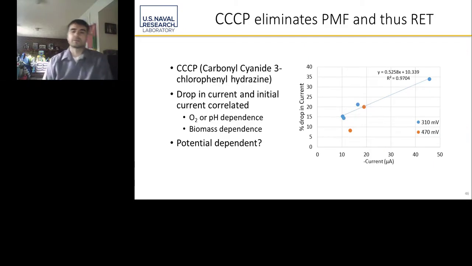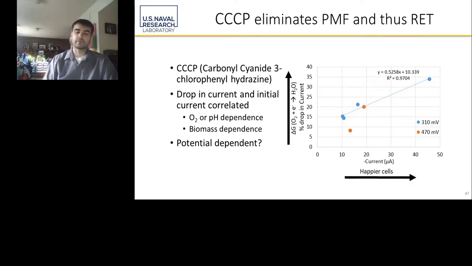What's particularly interesting about this is that this is also correlated with the amount of current that they were generating to begin with. So what we think is happening here is that under conditions where they're basically happier cells, they're able to generate more energy per electron, and thus when we add the CCCP, we get a bigger drop in current.